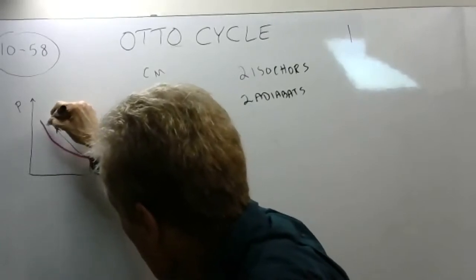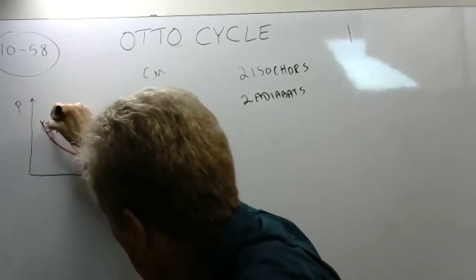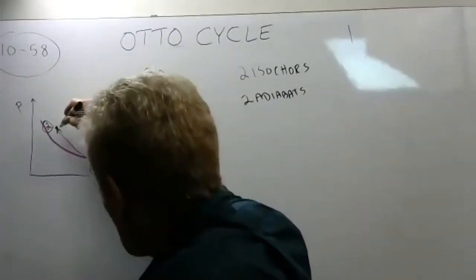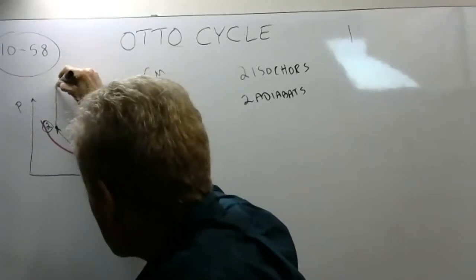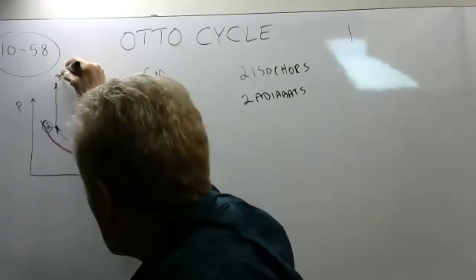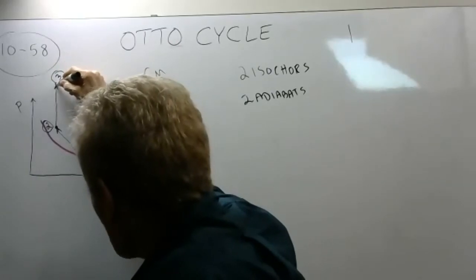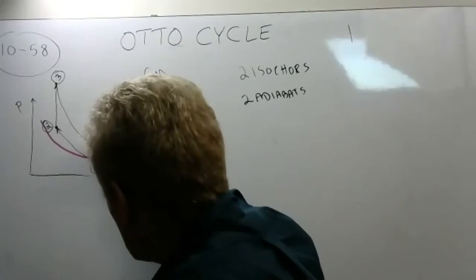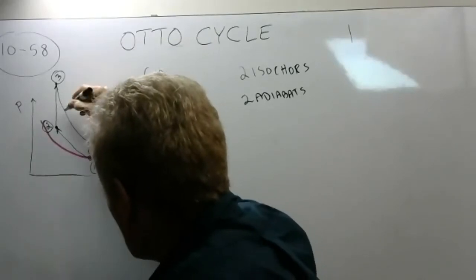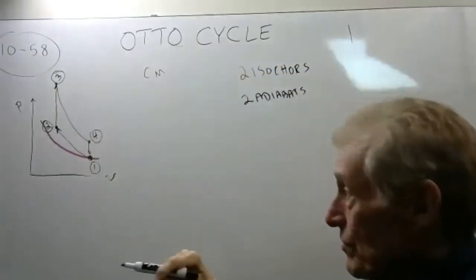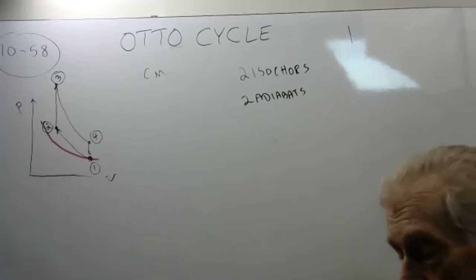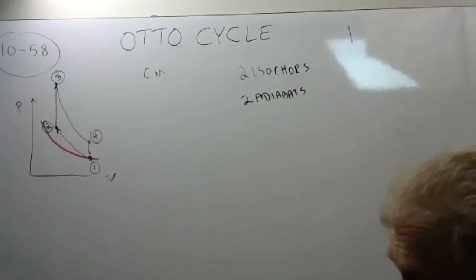They're steeper. And then you have isochores like that. And then you have another adiabat like that. Those are adiabats, those are isochores. You'll see all this in your book. Let me show you on page, I can show you where that is here, just a minute.